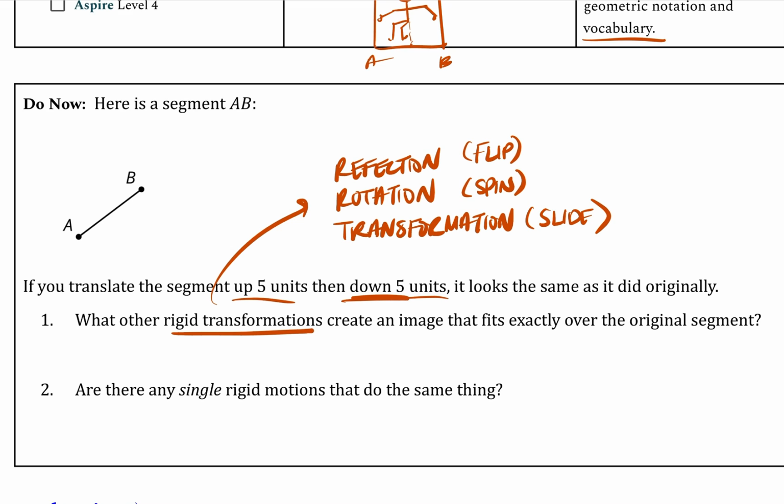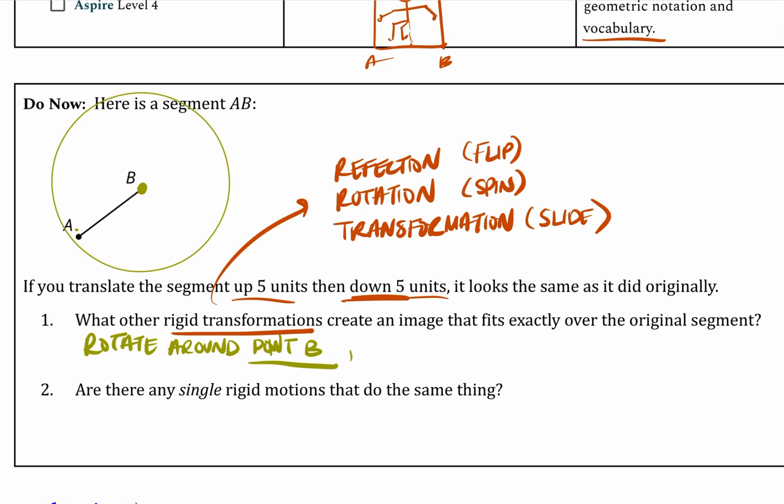All right. The one that catches my mind, my visual imagination, is rotation. So you could grab tracing paper in the front if you need, and let's choose a point. Let's do B. We could rotate around, using my sentence starters, point B. And I'm going to go 360 degrees.